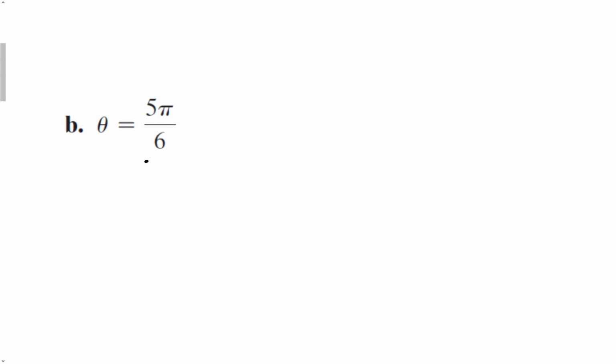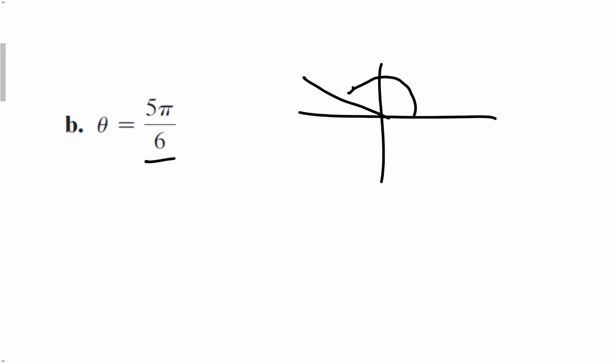The trick is knowing where 5 pi over 6 is. Well, 6 pi over 6 is 180 degrees. So 5 pi over 6 is right about there. Okay? That makes this the reference angle. So that means that my formula would be, since I'm in quadrant 2, pi minus theta.